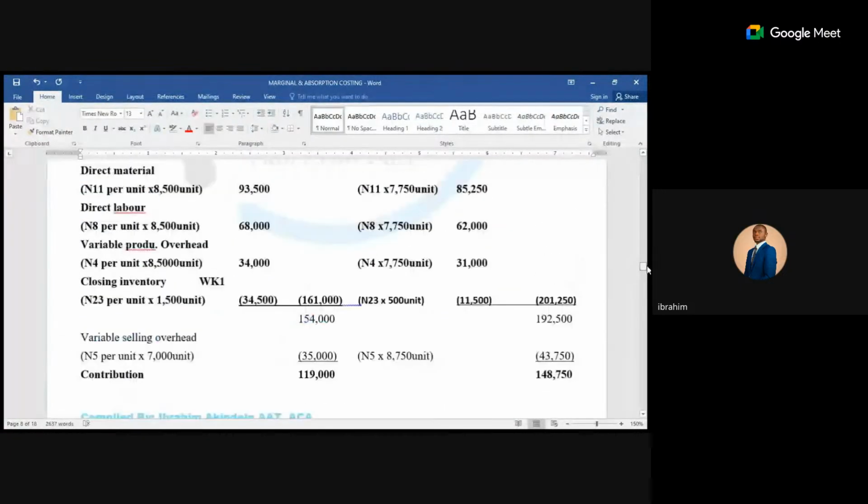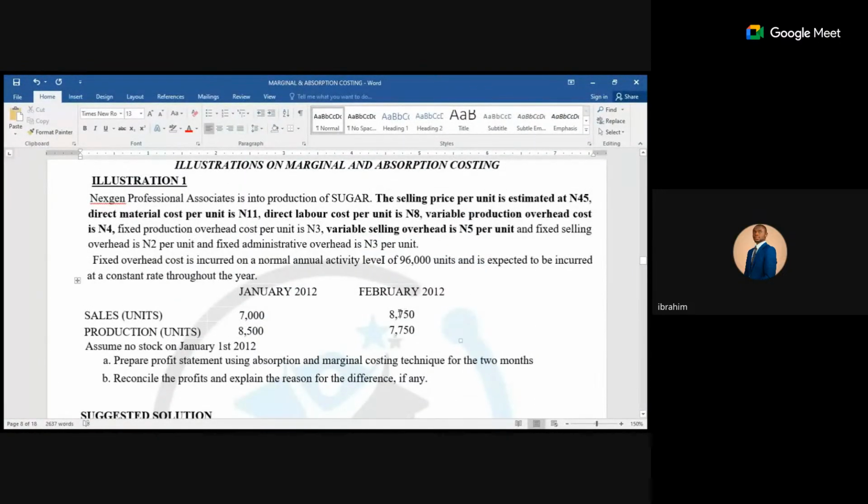Right. So what is the requirement? You should not forget, you need to understand the required. We've read it before, right? Prepare a profit statement using the absorption costing. We've done the marginal costing. Now it is absorption costing. B, reconcile the profit. So we need to reconcile.